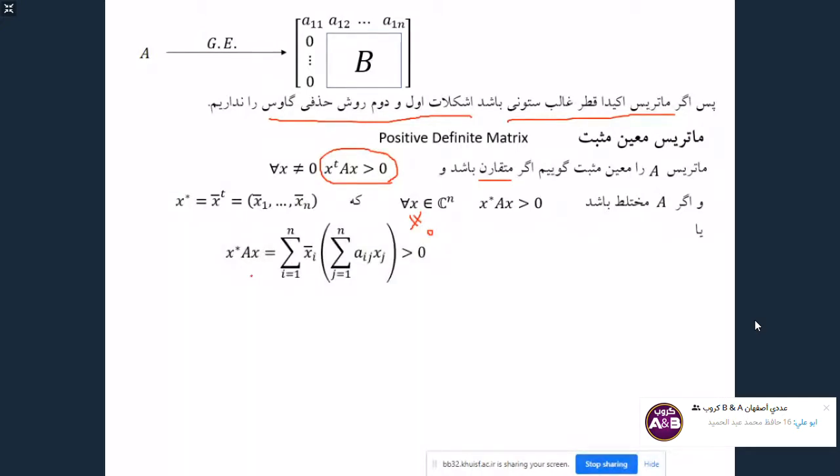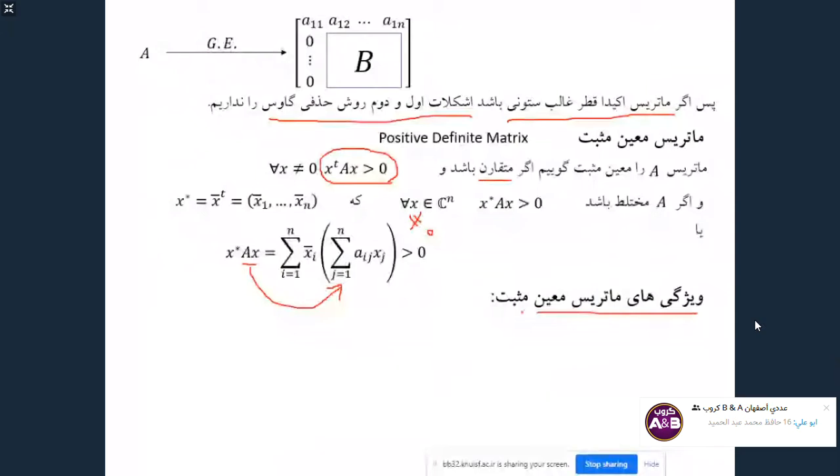Or we can write that x star Ax is the summation over i from 1 to n of x_i bar times the summation over j from 1 to n of a_ij x_j, greater than 0.